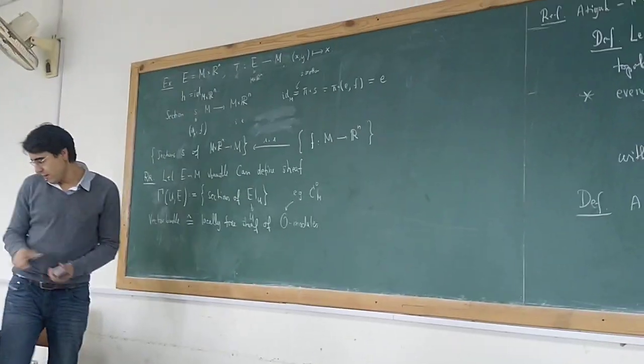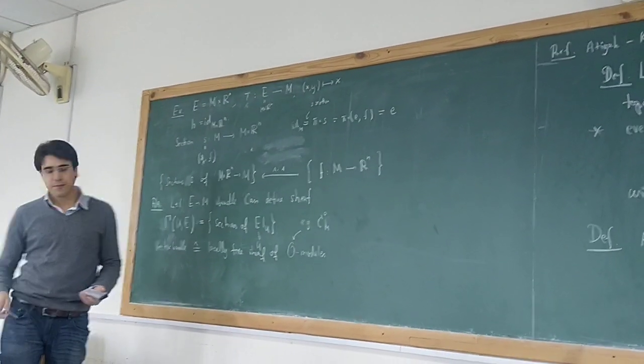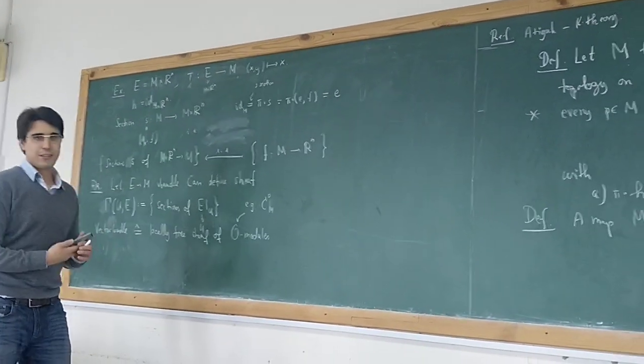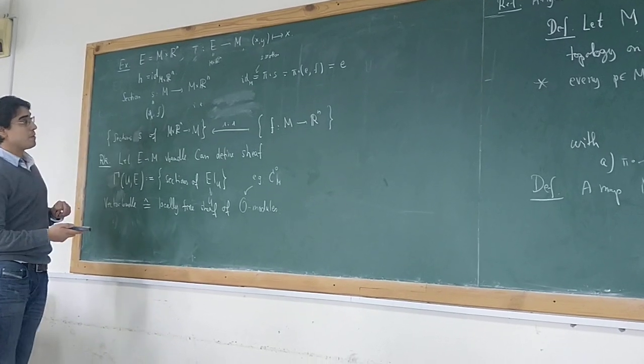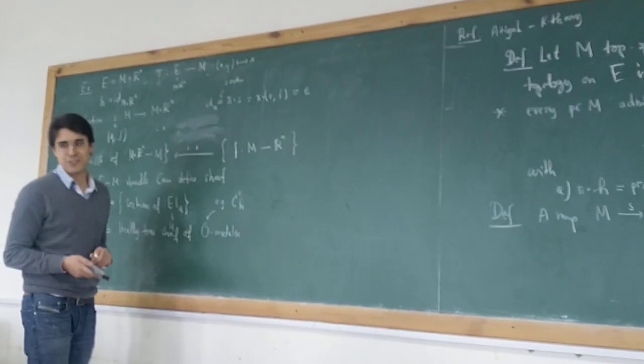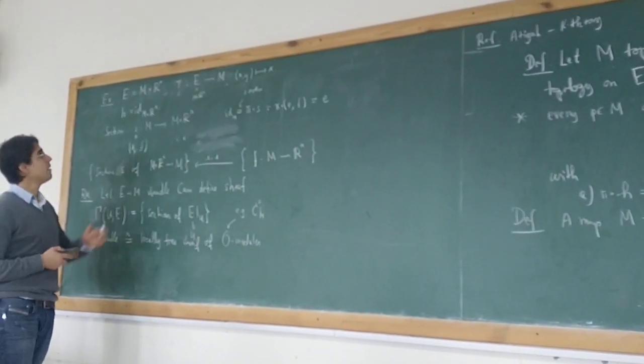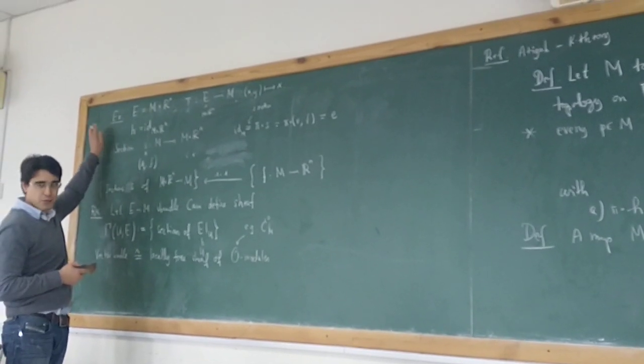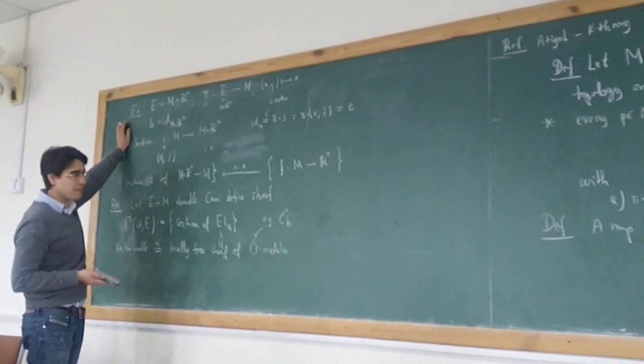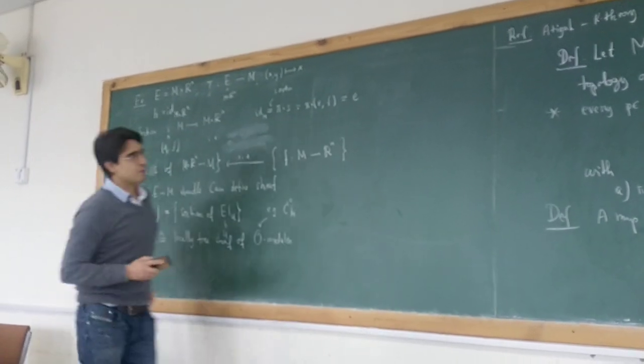All right. But of course, there's no point introducing such a definition if I want to go beyond the usual functions here. So let's have a look at a non-trivial vector bundle. This is a trivial vector bundle.